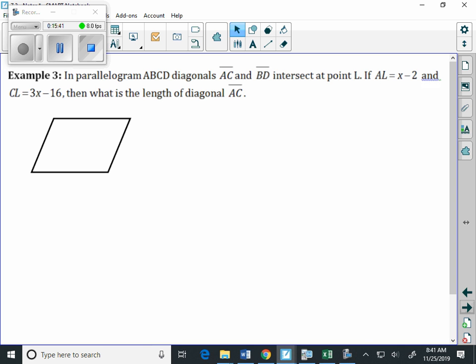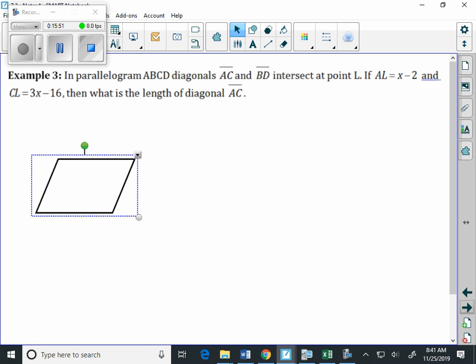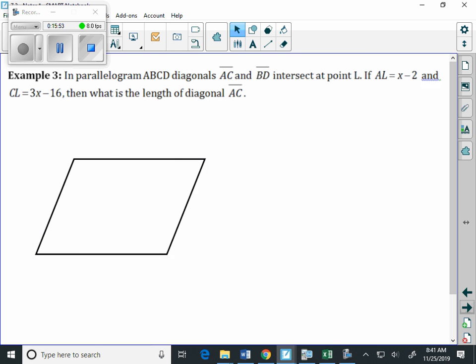Well, one thing that I have up here on the board that you don't have in your paper is a parallelogram drawn. I just find it helpful to be able to label it a little bit better.